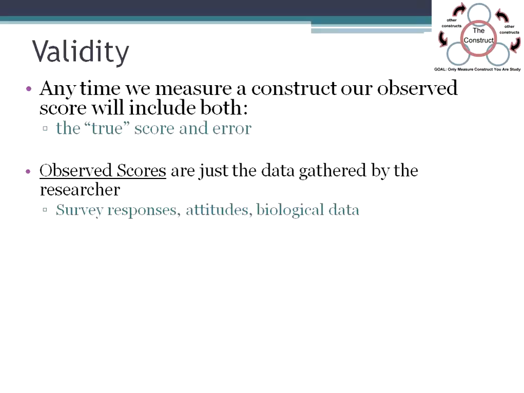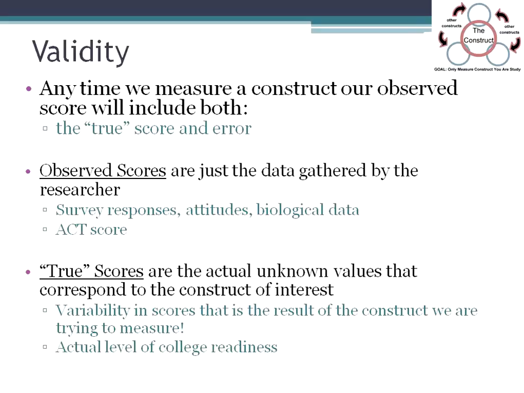Now, the observed score is this data that we're going to gather, right? So the actual data that we have, the survey responses, whatever it is, these are our observed scores. Your actual score on the ACT. True scores are these actual unknown values that correspond to this construct of interest, right? So this is your actual objective level of depression or your actual objective level of college readiness.